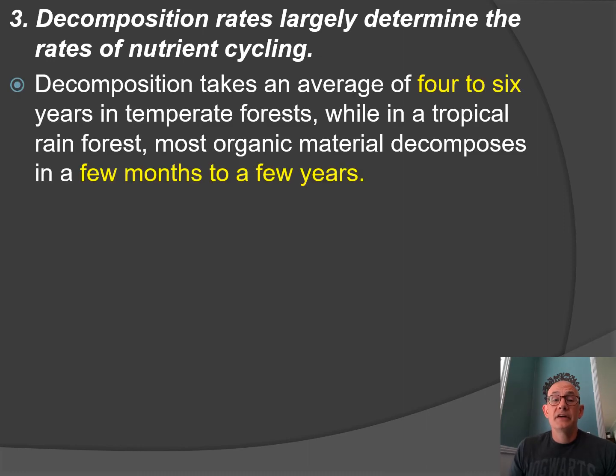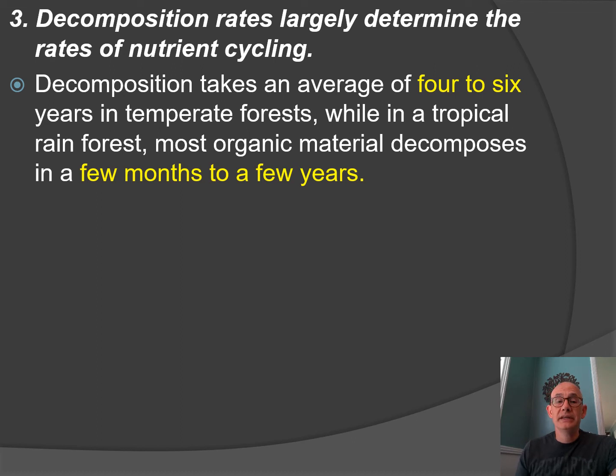Now, the rate of decomposition depends on the climate. So where are things going to rot best or decompose best? Where it's warm and where it is humid. So decomposers like heat and wet. So tropical rainforest is going to be the best place for decomposition to occur.